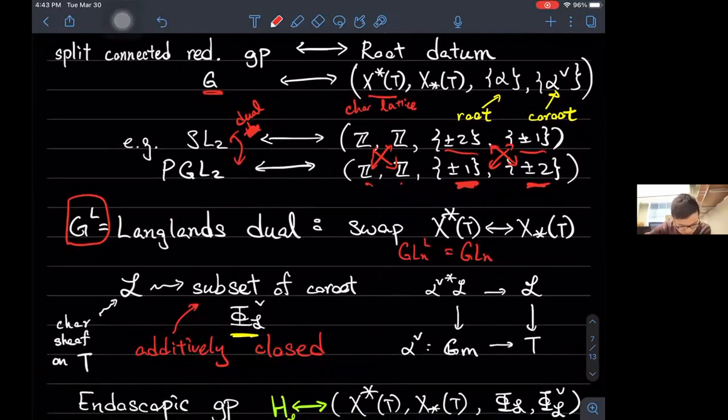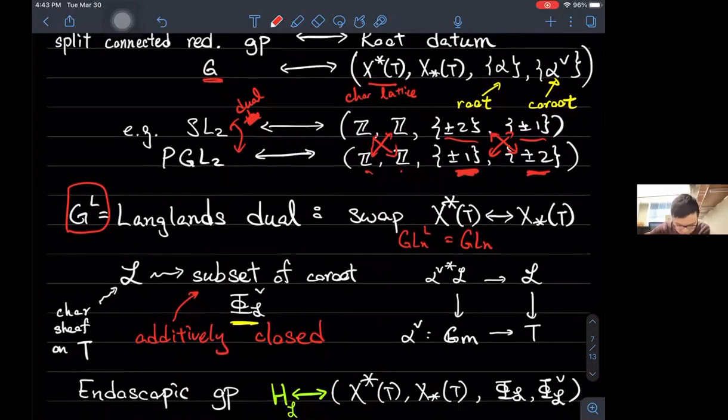Okay, I want to talk about the definition of endoscopic group.